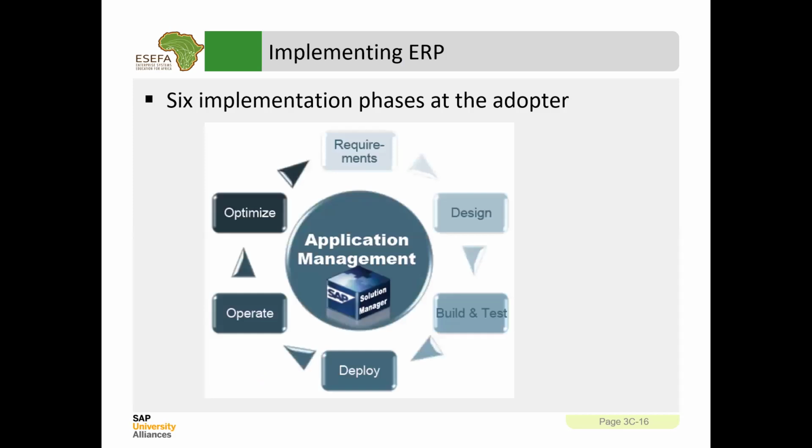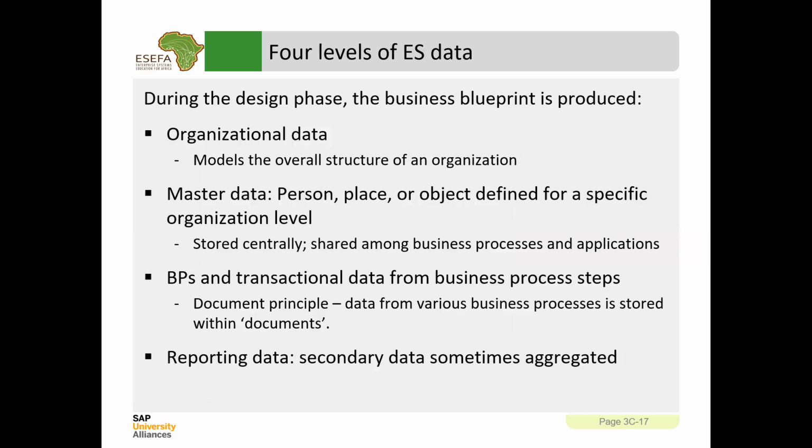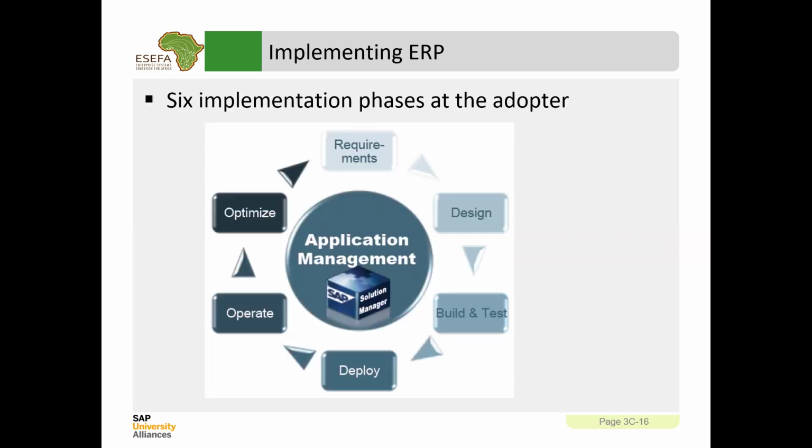There are 6 stages any adopter is required to go through: requirements, design, build and test, deploy, operate, and optimize. At each of these stages you are required to provide a certain level of data.